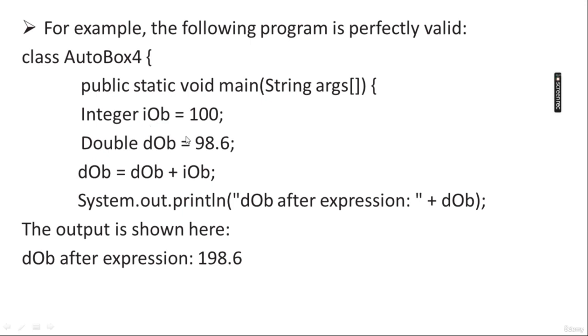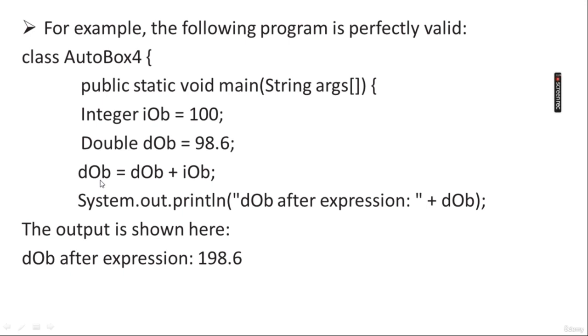We are creating two objects, one of Integer, iOb, and second of Double, dOb. iOb is initialized to 100, dOb is initialized to 98.6, and we are going to add them. Whatever the value will be added, 98.6 plus 100, will be automatically converted to the Double object.